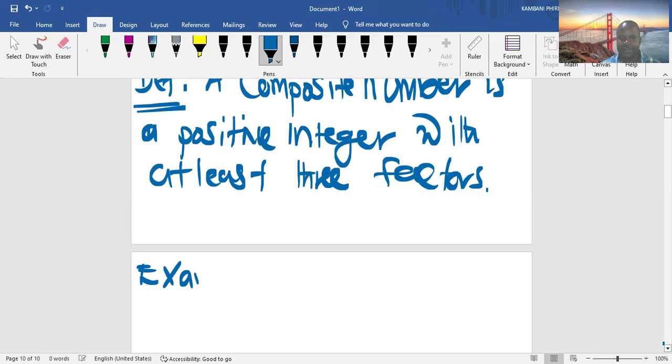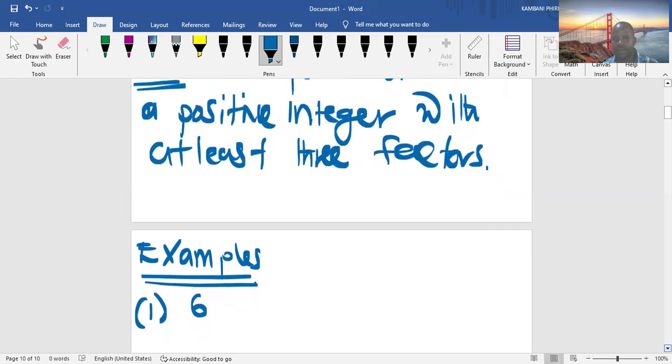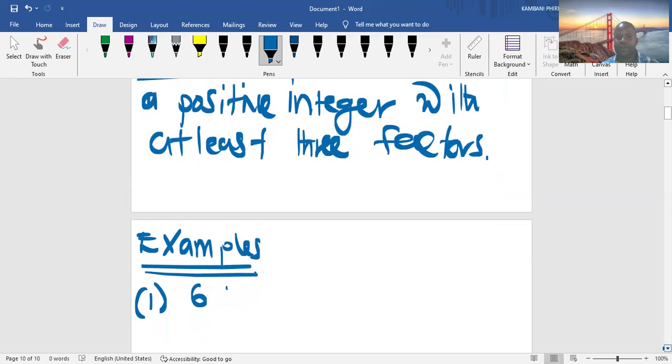Examples. Number 1, we can have 6, for example. Why is 6 composite? Because the factors of 6 are 1, 2, 3, and 6 itself, even if we exclude this.